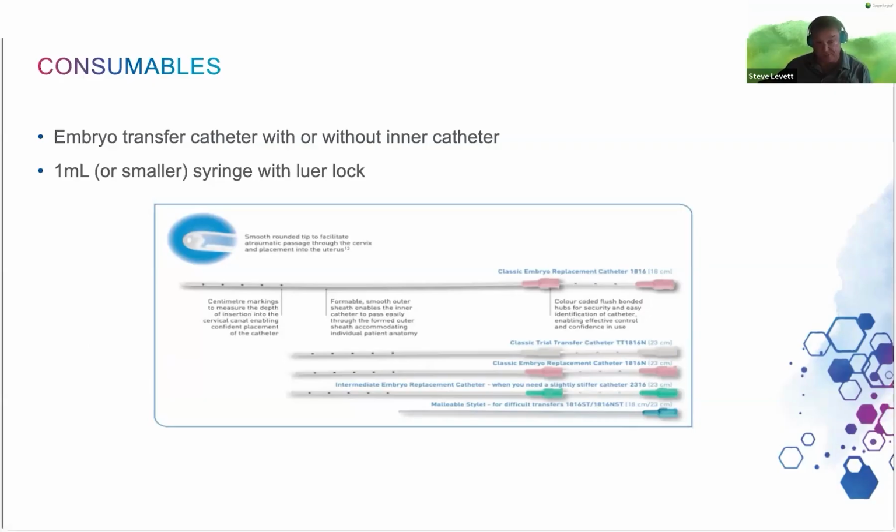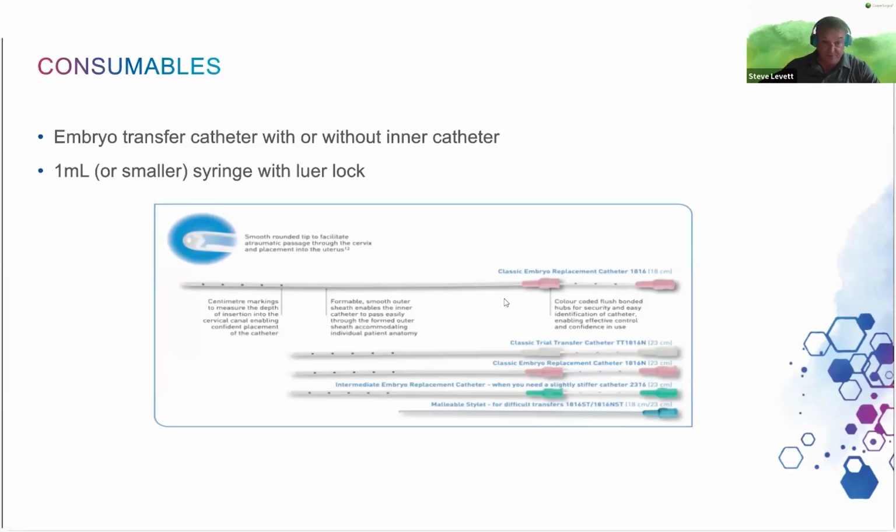Different types of catheters need to be used in different ways, so you cannot just switch from one to another and use it identically. There are some considerations with different types of catheter. And if you're going to do ultrasound guided transfers, the catheter itself needs to be ultrasound visible, and that may influence the choice of catheter that you use.